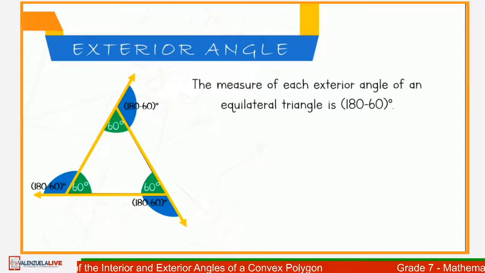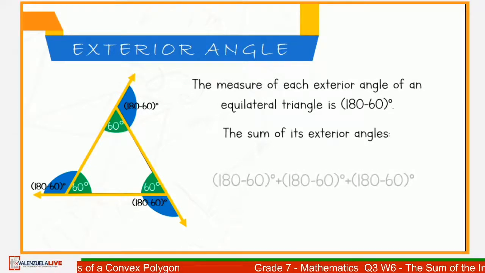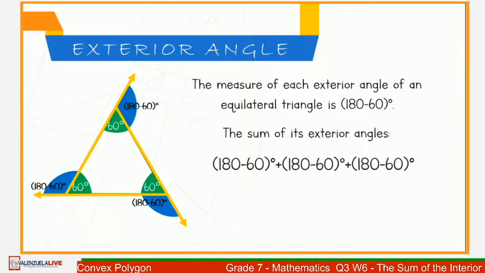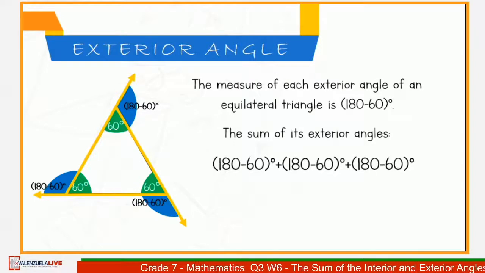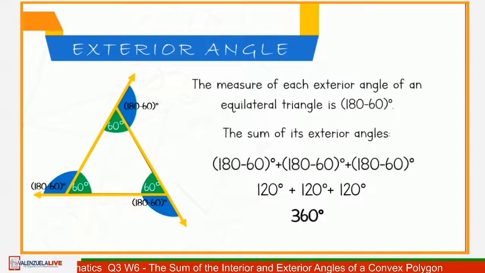So, to get the sum of the exterior angles of this equilateral triangle, we are going to add the measures of each exterior angle, which is equal to 180 minus 60 plus 180 minus 60 plus 180 minus 60 degrees. Simplifying, we are going to have 120 degrees plus 120 degrees plus 120 degrees, which is equal to 360 degrees.